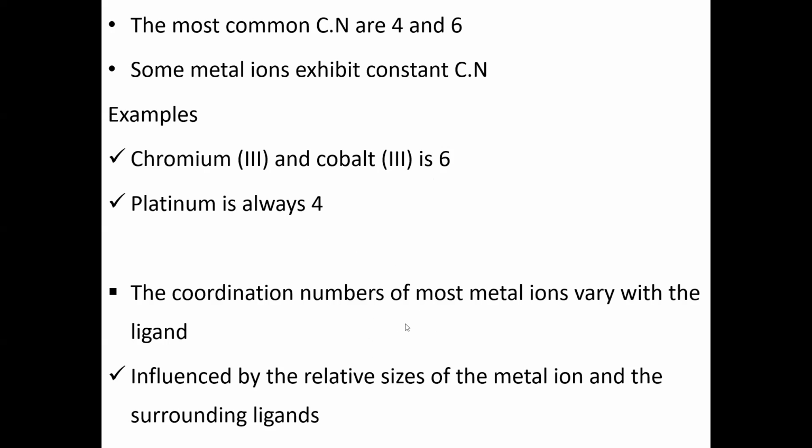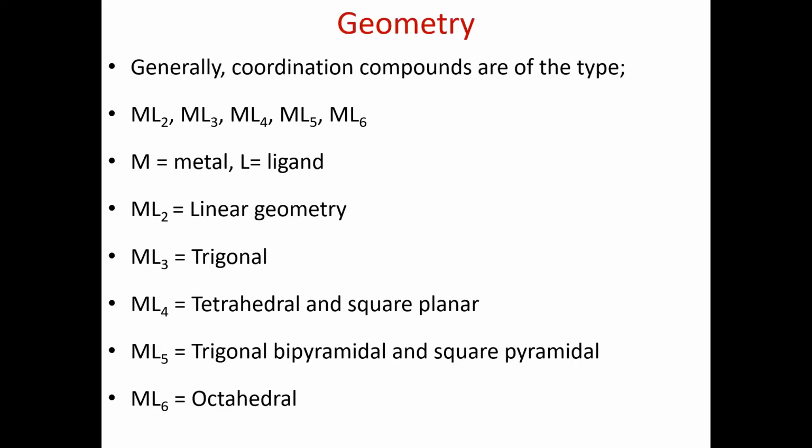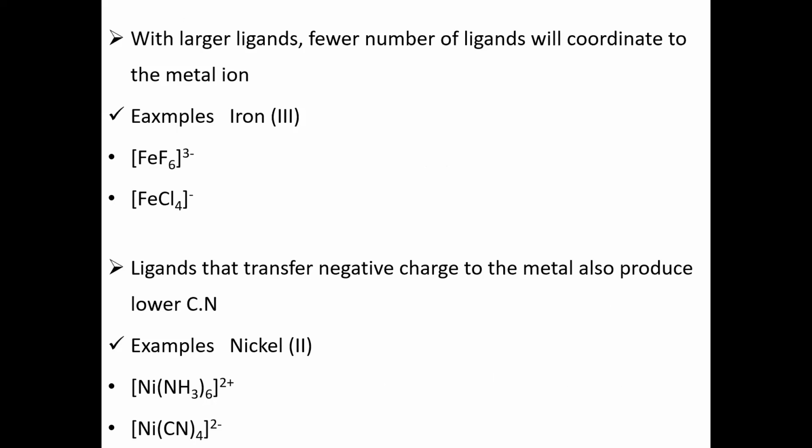Also, the coordination number, that is the number of ligands, that is donor atoms, bonded to the metal ion can actually vary. What will make it vary will depend on the size of the metal ion and the surrounding ligands. What do we mean by that? That will depend on the kind of ligand, whether the ligands are large or small.